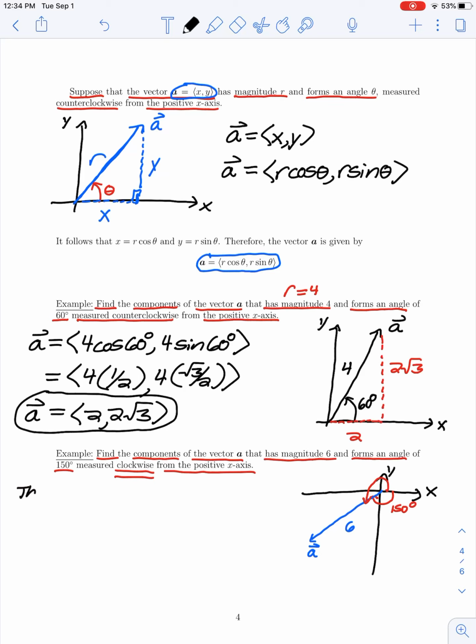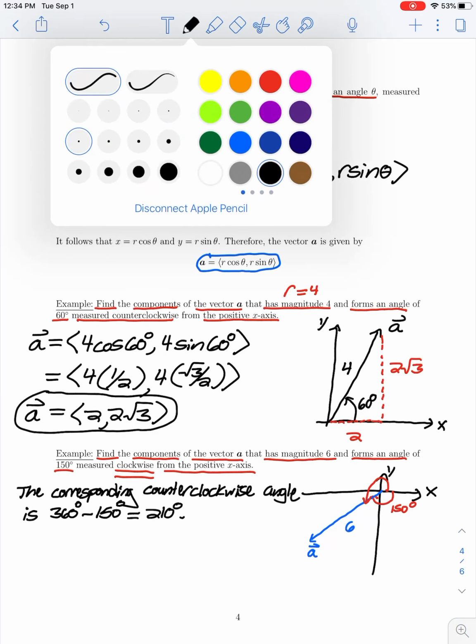So here we can start by saying the corresponding counterclockwise angle would be found by taking a full rotation, 360 degrees, and subtracting the 150 degrees which we rotated clockwise, leaving us with 210 degrees in the counterclockwise direction.